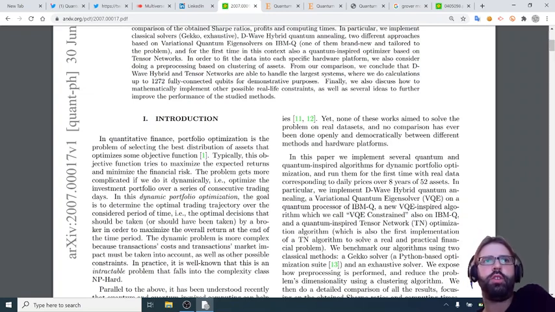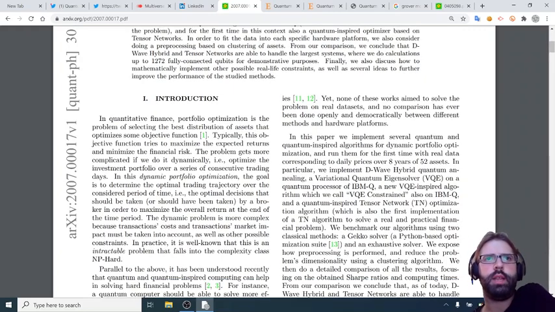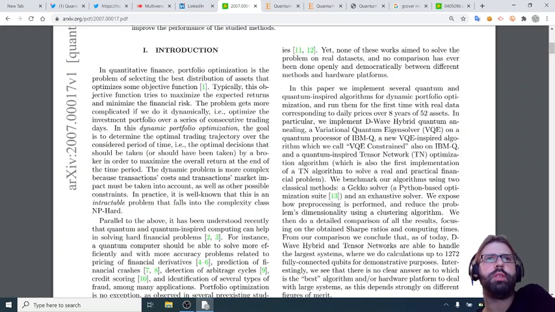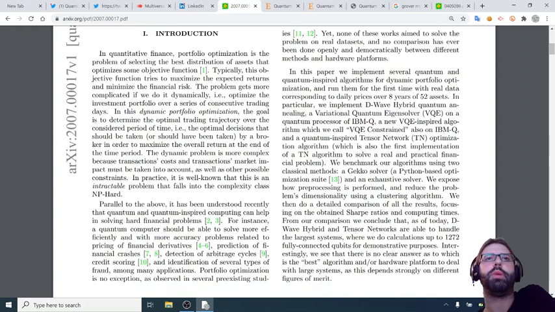The optimal decisions that should be taken or should have been taken by a broker in order to maximize the overall return at the end of the time period. The dynamic problem is more complex because transaction costs and transactions market impact must be taken into account, as well as other possible constraints.